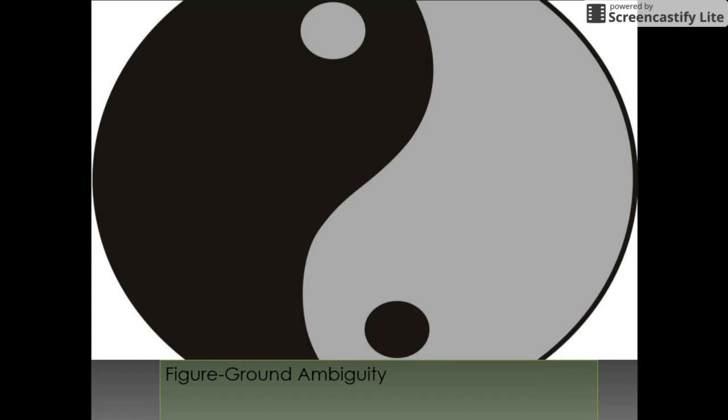And then there's imagery, of course, that has figure ground ambiguity, like a yin and a yang symbol. The yin-yang symbol is from Chinese culture, and it really is an expression of their belief in balance and duality, and that within the universe there's always going to be light and there's always going to be dark.